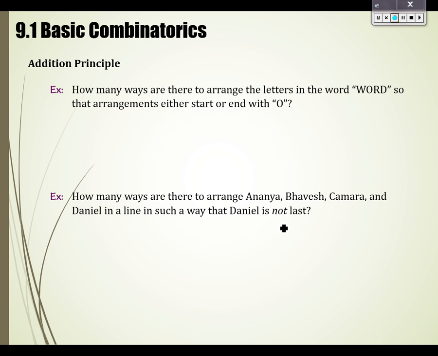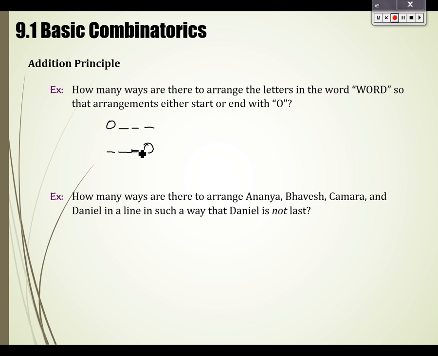So one of them starts with O and then the other one ends with O. The first can only be 1, so it's 1. And then the other one is 3 times 2 times 1 times 1. And then add them together and it's 12.